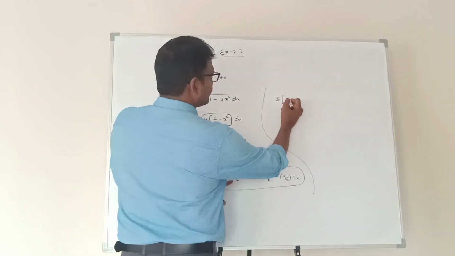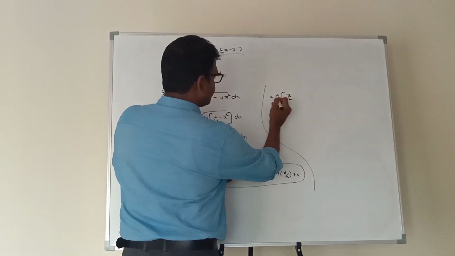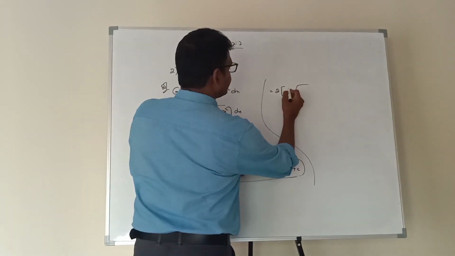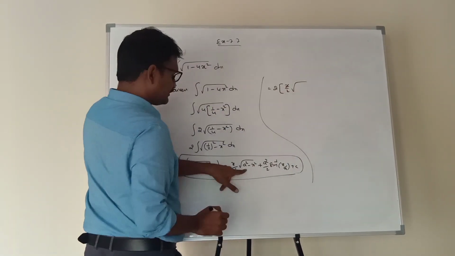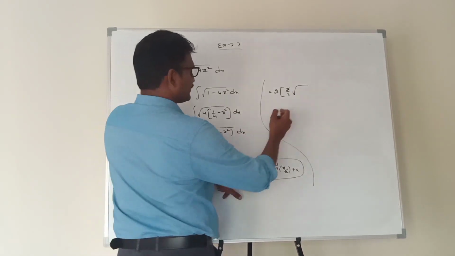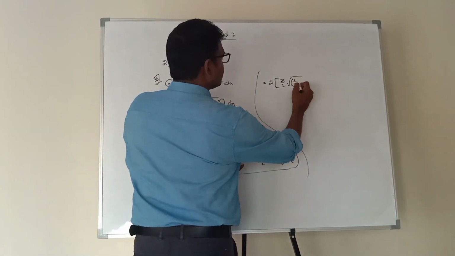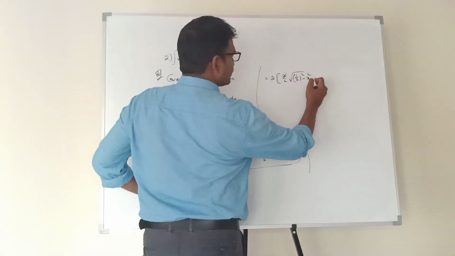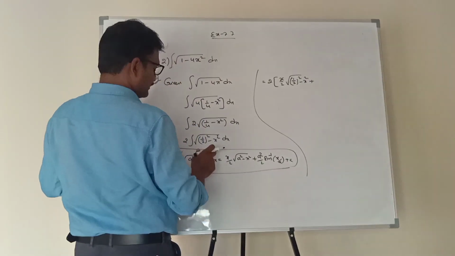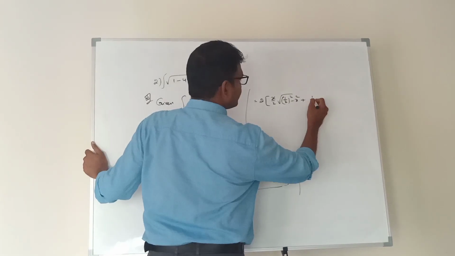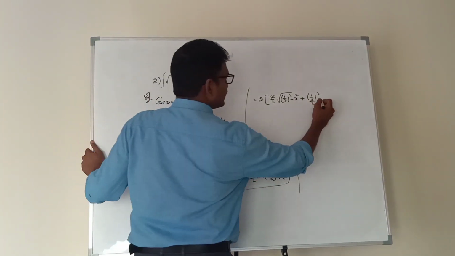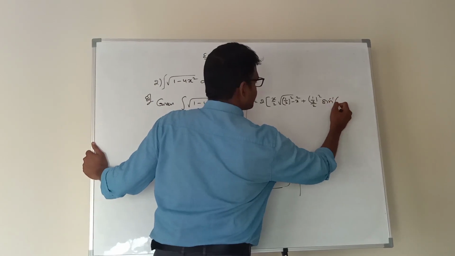So x by 2 into root of a square, a square means 1 by 2 whole square minus x square, plus a square by 2, a square means 1 by 2 whole square by 2 into sine inverse of x by a.